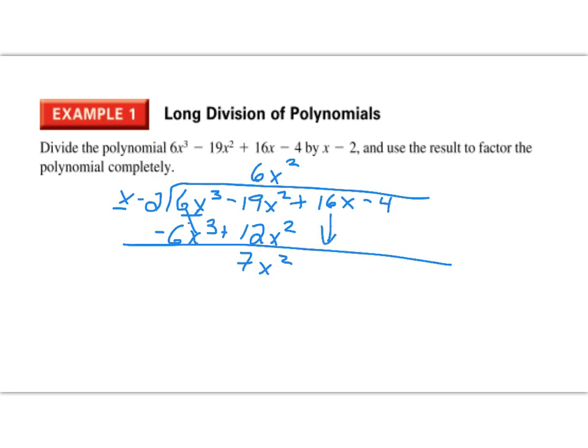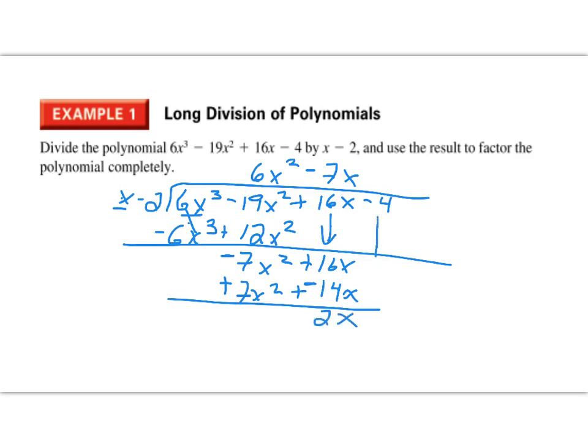Drop your next one, plus 16x. Okay, so, sorry, this is a negative 7x squared. Now, I want to make x negative 7x squared, so minus 7x, multiply, I get negative 7x squared plus 14x, and then we just want to subtract everything, so change everybody's sign. 2x, drop your next one, negative 4.